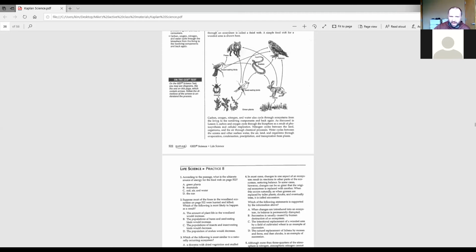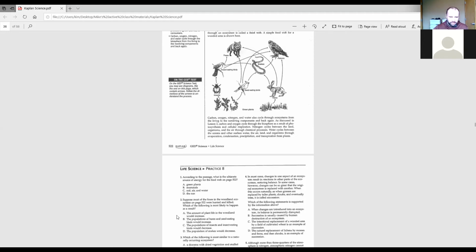If foxes eat these birds and these birds eat insects, then if you remove foxes, the population of those things wouldn't decrease, they would probably increase. And D, the population of snakes would decrease. Snakes are here. Foxes don't eat snakes according to this food web, so that wouldn't affect it at all. So D and C are easy ones to get rid of.